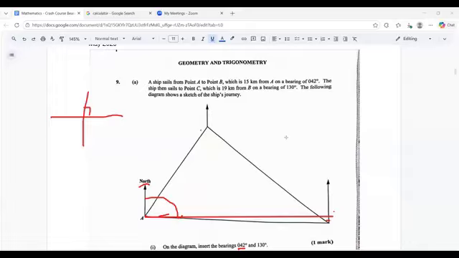If they're telling you that a ship sails from A to B, which is 15 kilometers apart, so A and B are 15 kilometers apart. That part is not really easy to figure out, but the bearing is what gives it away. So B has to be here. B has to be there. It cannot be this point, and I just gave you a reason why.